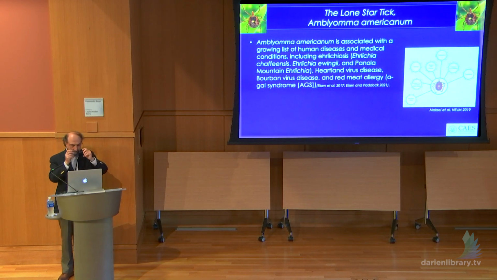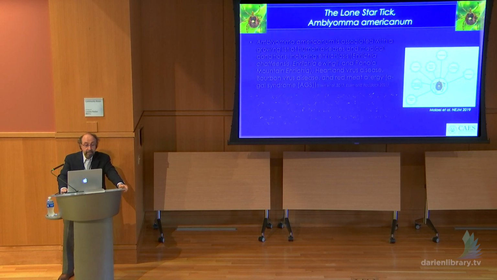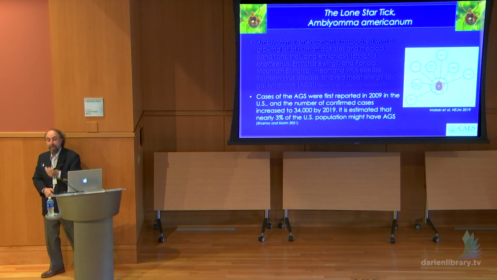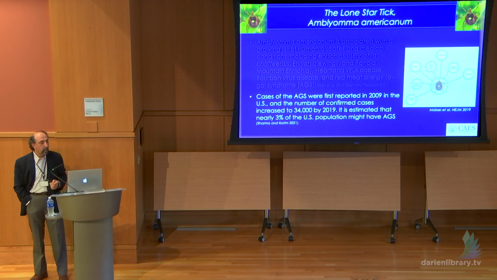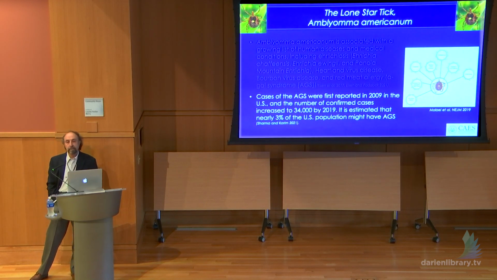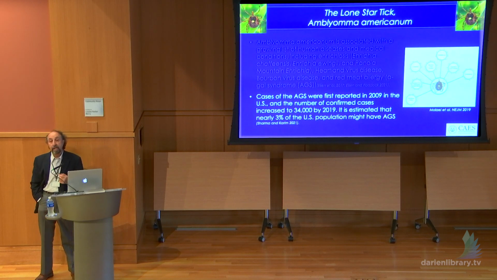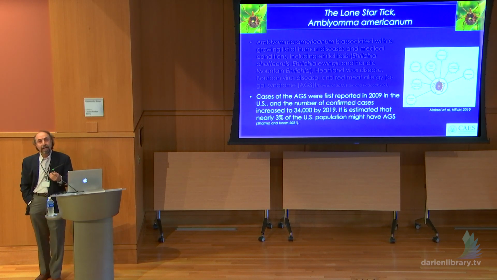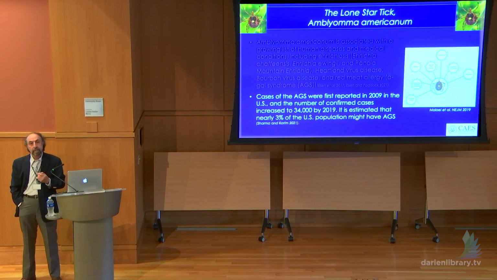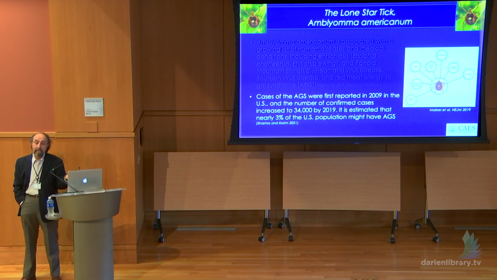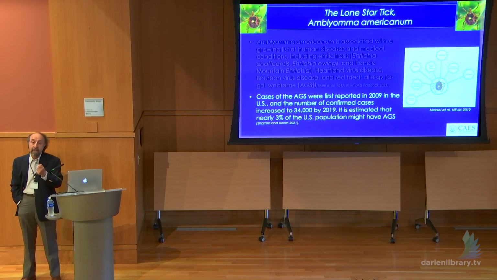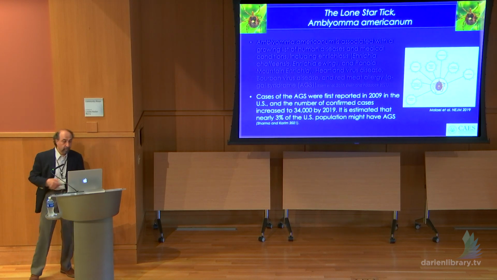This tick is also associated with alpha-gal syndrome, or red meat allergy. Alpha-gal syndrome was first identified in 2004, and since then studies show that we have had about 110,000 cases during the past decade or so. I want to add that unfortunately, this condition is becoming very common throughout the region. In New Jersey last year, they showed that alpha-gal syndrome, or red meat allergy, is third after Lyme disease and babesiosis.